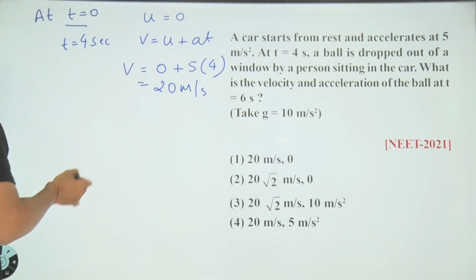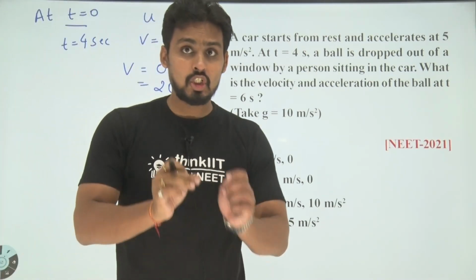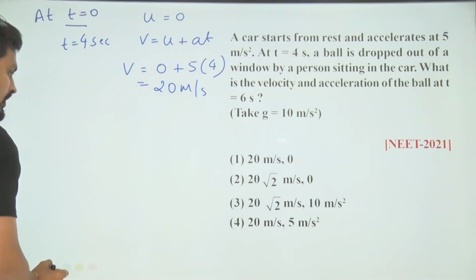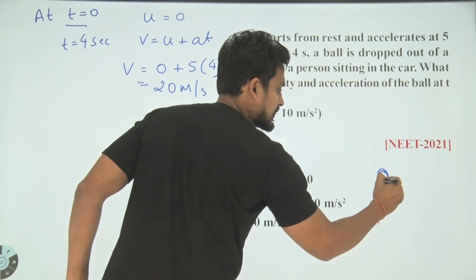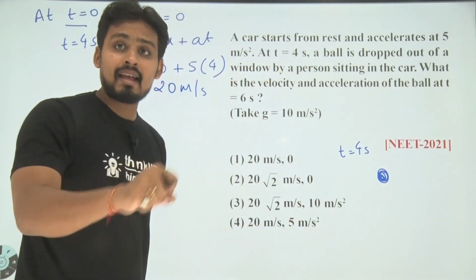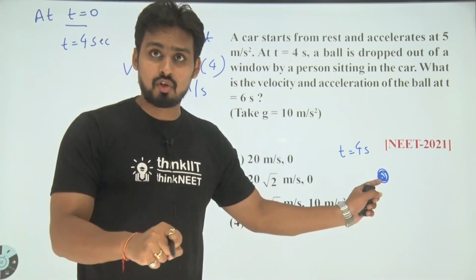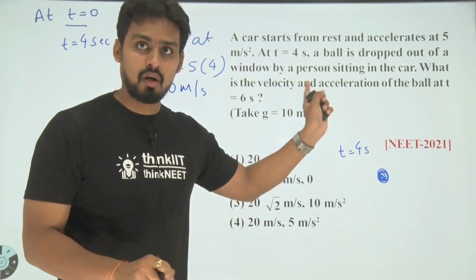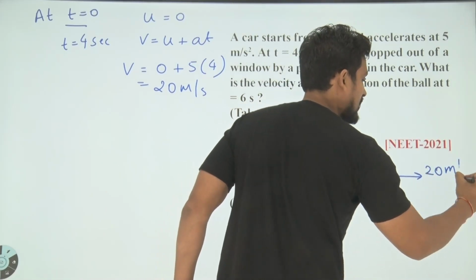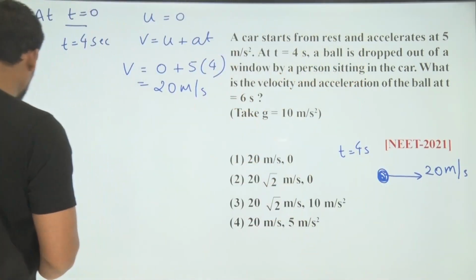Now this velocity is in the horizontal direction, or the x direction. The ball is dropped at t is equal to 4 seconds, and as soon as it is dropped, it would have the velocity of the car, which is moving in the x direction, and that velocity is 20 meter per second as we have just calculated.